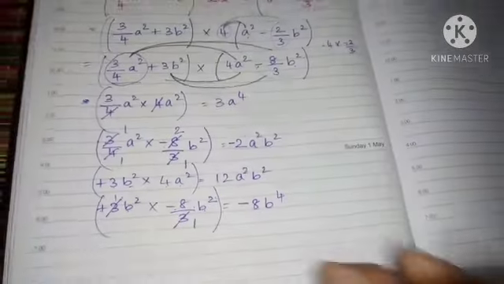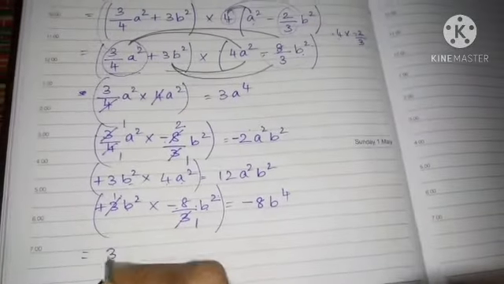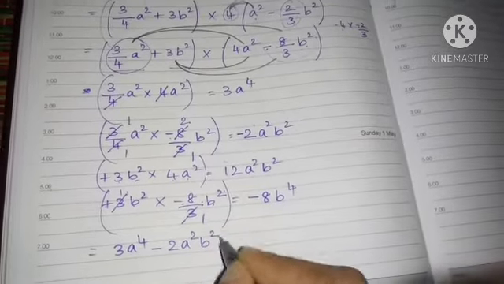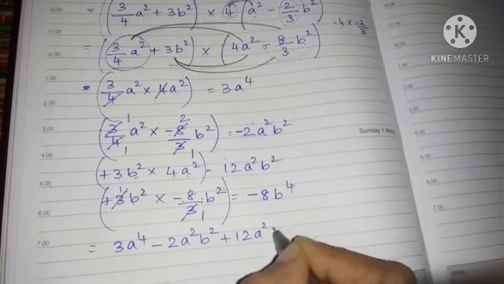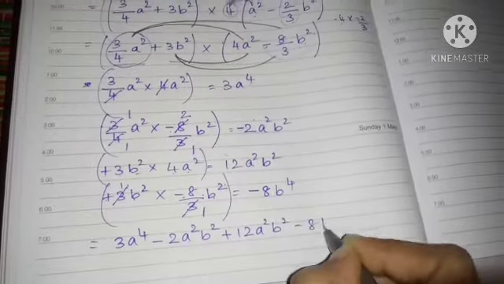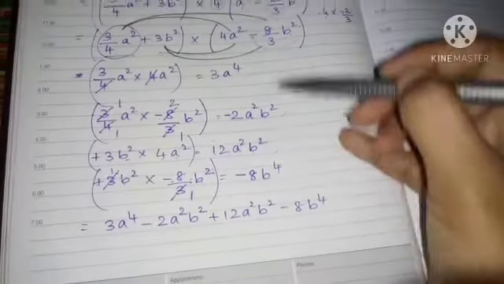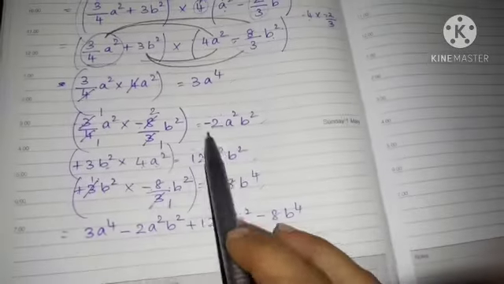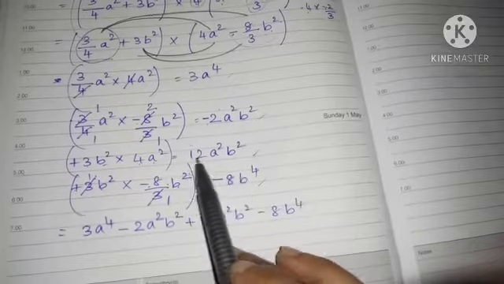Now write everything together. 3a power 4 minus 2a square b square plus 12a square b square minus 8b power 4, because these are the 4 things which we have to find. So I have arranged them together. 3a power 4 minus 2a square b square.